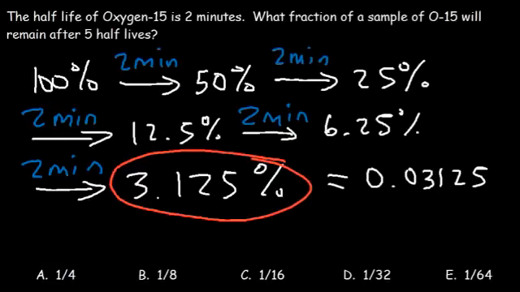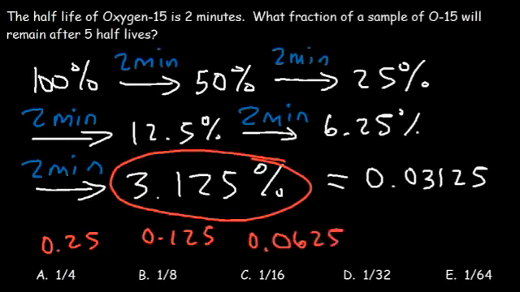If you type in 1 divided by 4 in your calculator, you're going to get 0.25. So it's not A. And if you type in 1 divided by 8, you're going to get 0.125. So it's not B. 1 over 16, that's 0.0625. So it's not C.